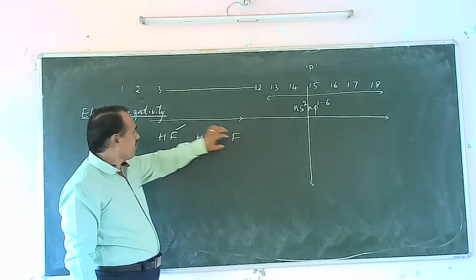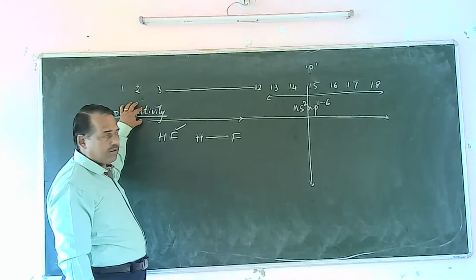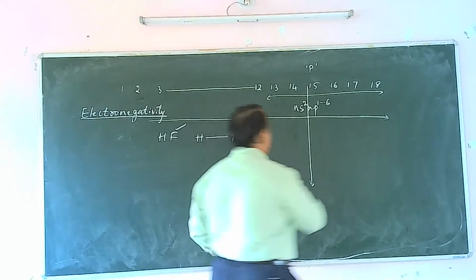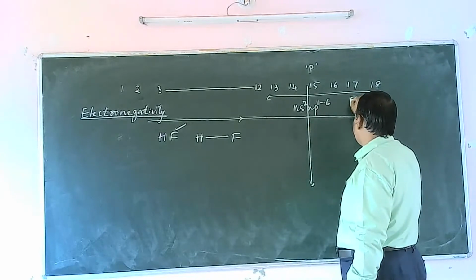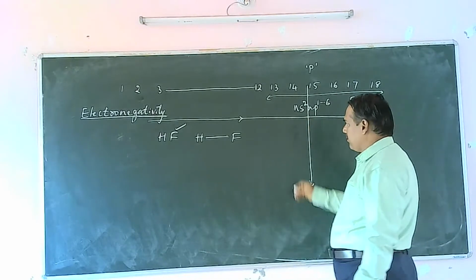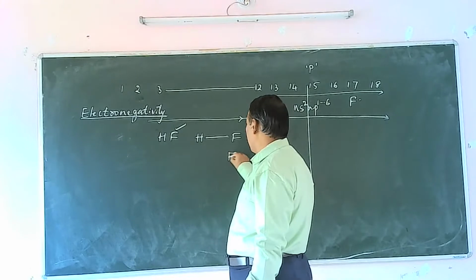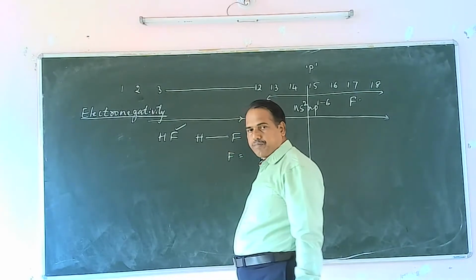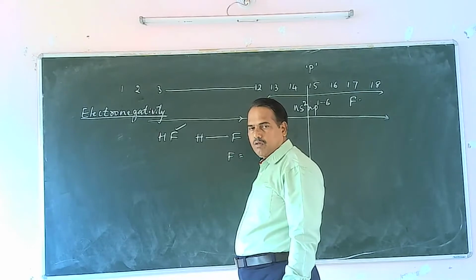This tendency is called electronegativity. In the entire periodic table, the 17th group element, fluorine, has the highest electronegativity. Its value is 4.